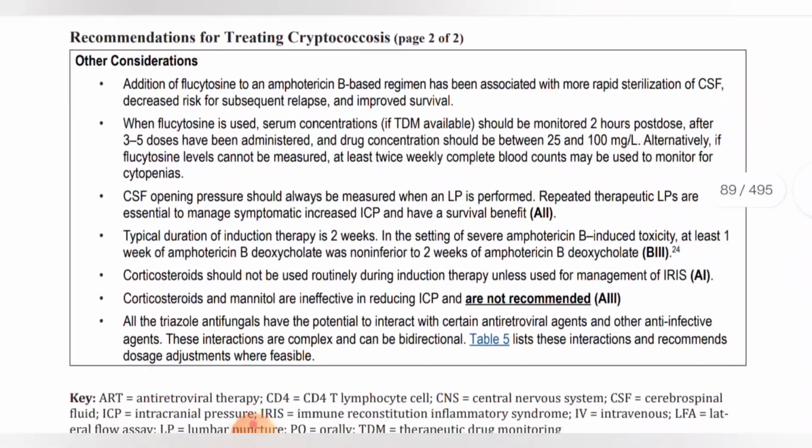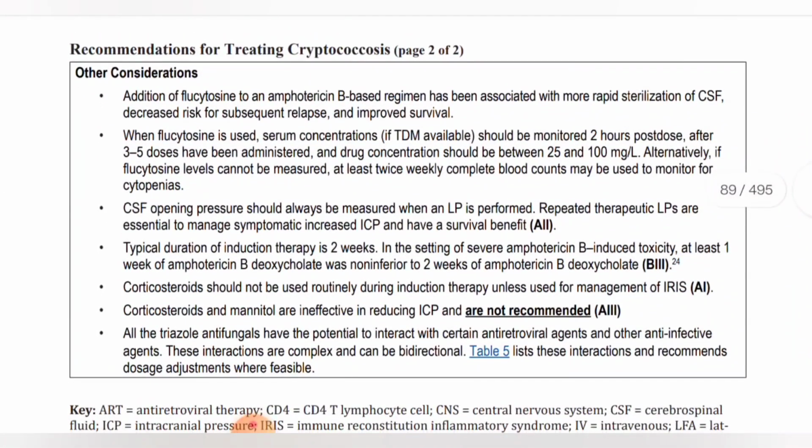So what are the other considerations? The best therapy is amphotericin B with flucytosine, which is associated with rapid CSF sterilization and reduced relapse. You have to make sure you do therapeutic drug monitoring for flucytosine if it is available.